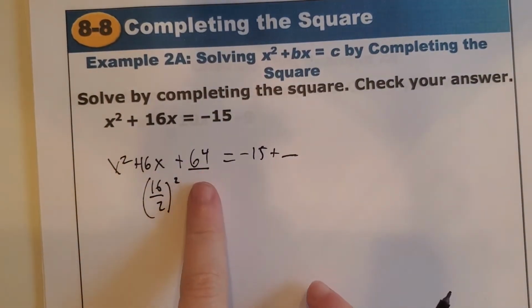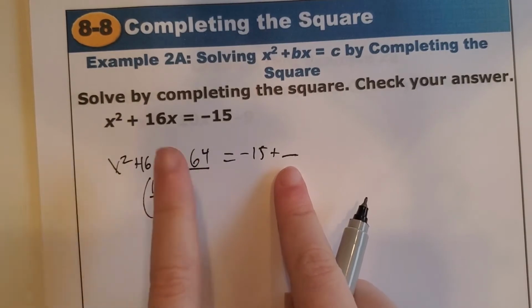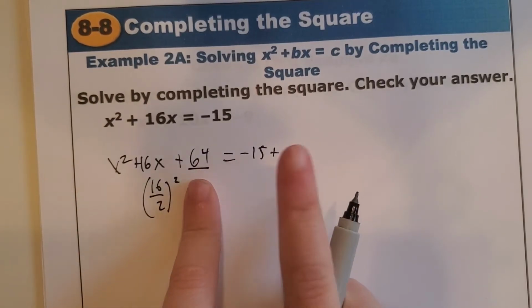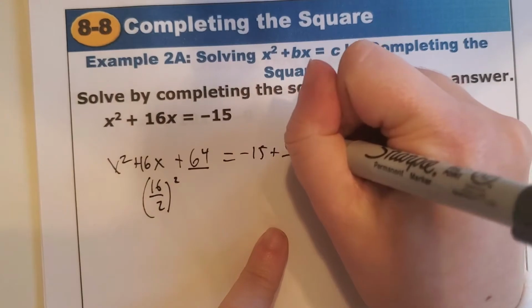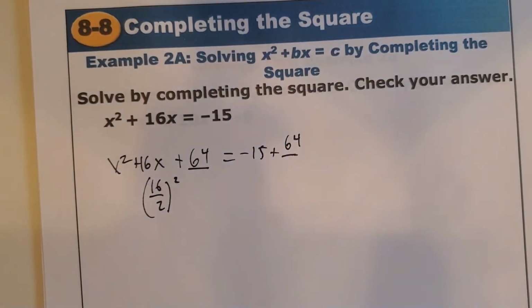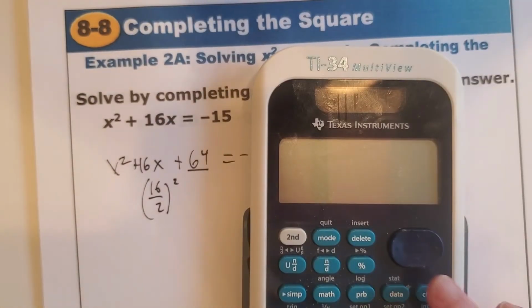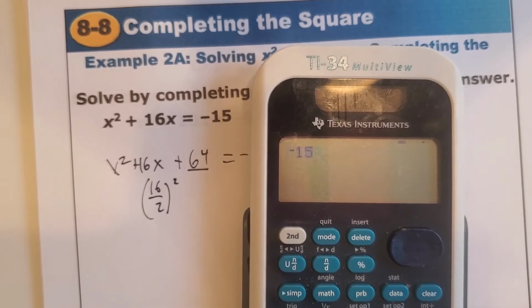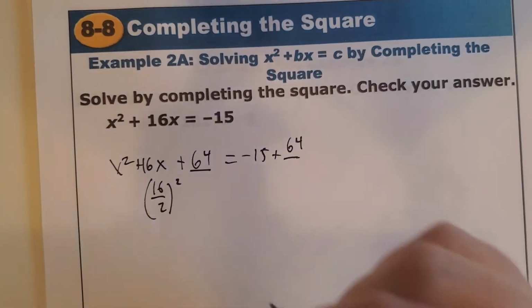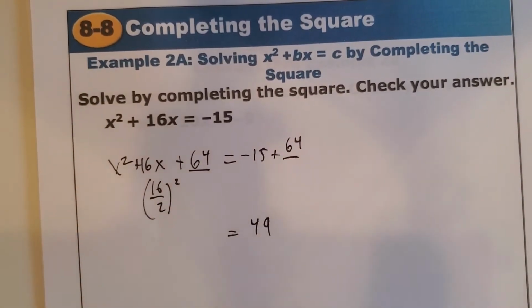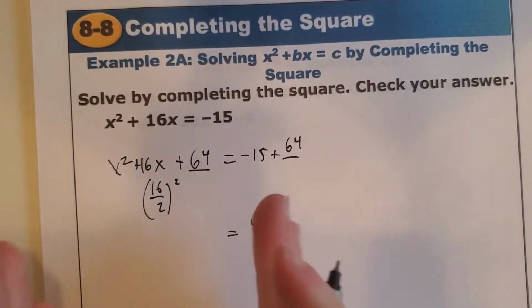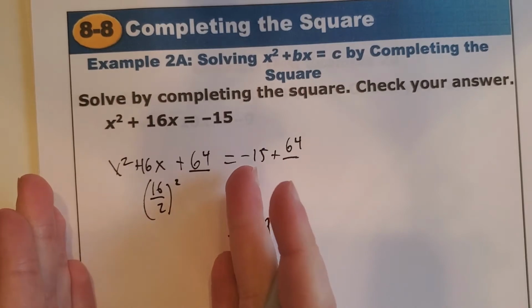But again, whatever you do to one side, you have to do to the other. So if this gets filled in with 64, this does as well. Okay? Negative 15 plus 64, that's easy to figure out, is 49. Simplify that. And then we're going to factor the left.